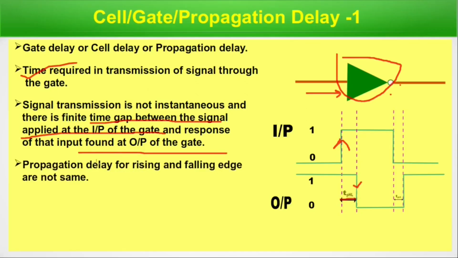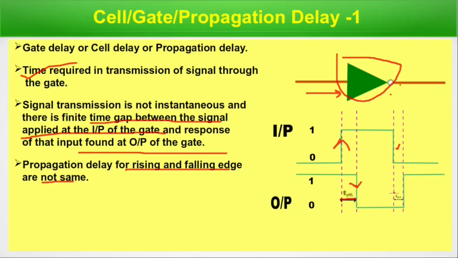And propagation delay for rising and falling edges are not the same. Here at the input, this switching from 0 to 1 is a rising edge, and here it is 1 to 0, that is a falling edge. Since it's a NOT gate, the response at the output will be just opposite. When the input goes 0 to 1, the output goes 1 to 0, that is high to low, and the delay related to this high to low transition at the output is called TPHL, that is high to low delay.